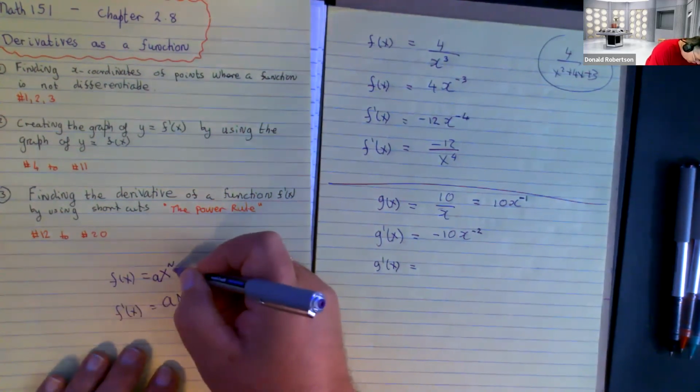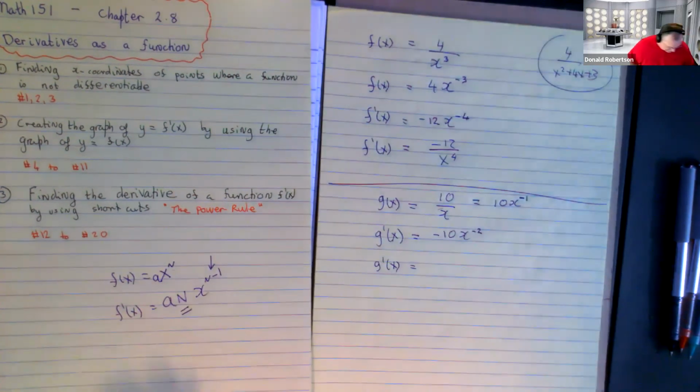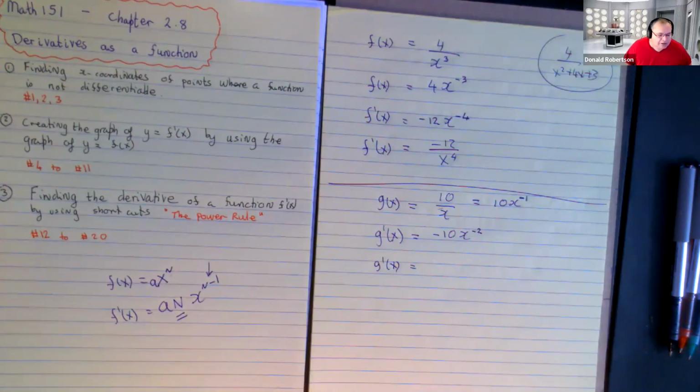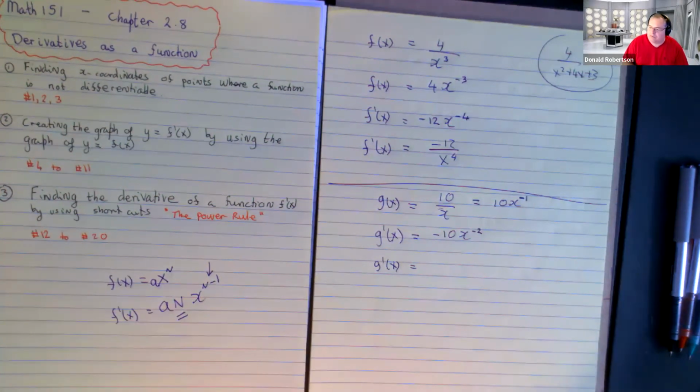So the order that you do it is multiply first, reduce by 1 second. It's not so much the order of calculations, although in a way that sounds right. It's just that's the order that you do it in the power rule, right? The power rule could have been anything, but we've discovered by doing lots of examples, there's a pattern here. If you multiply by the power and then reduce the power by 1, you get the answer, right?